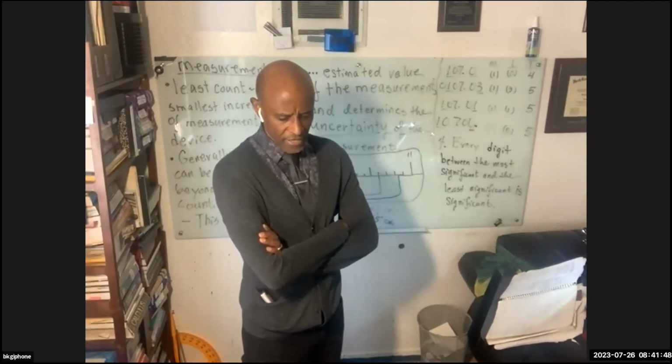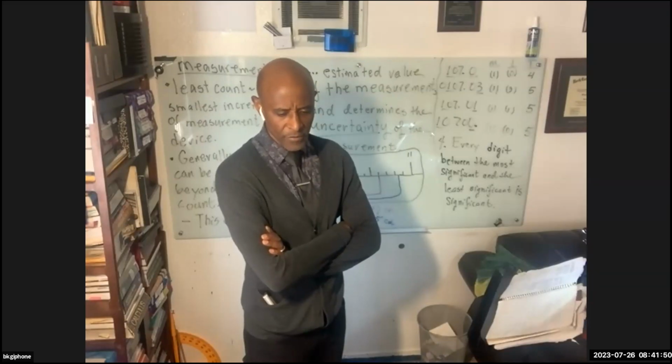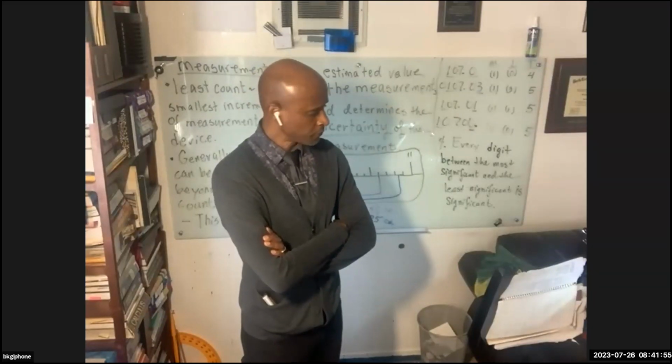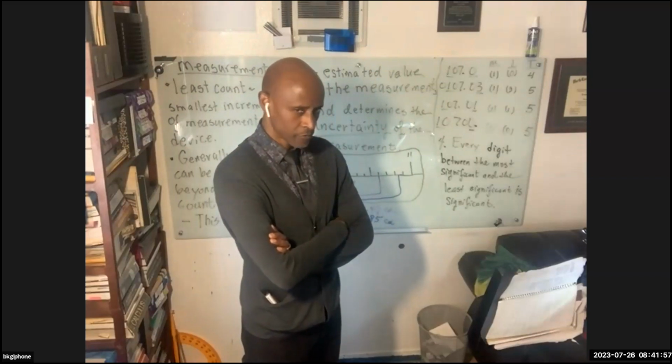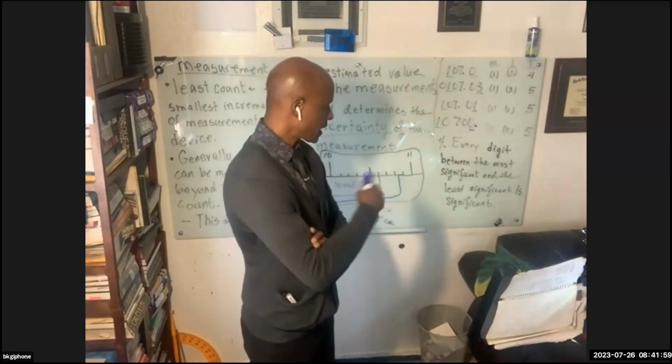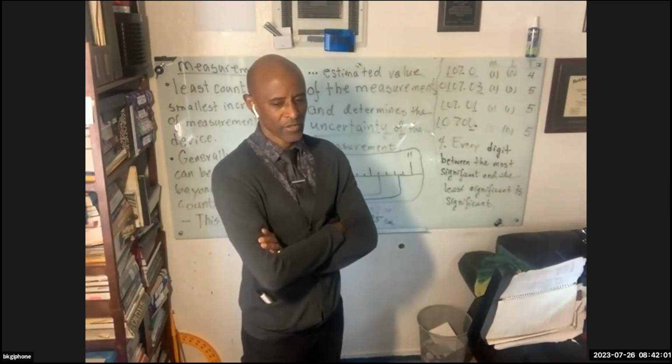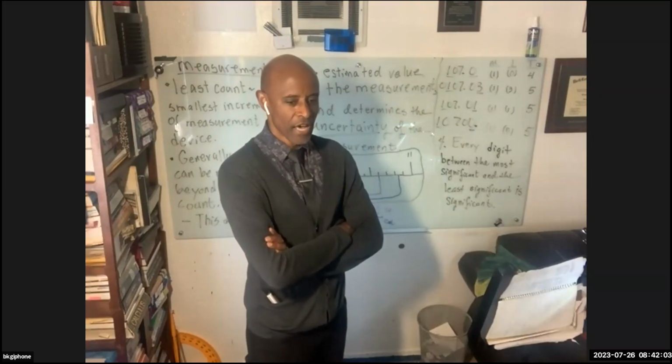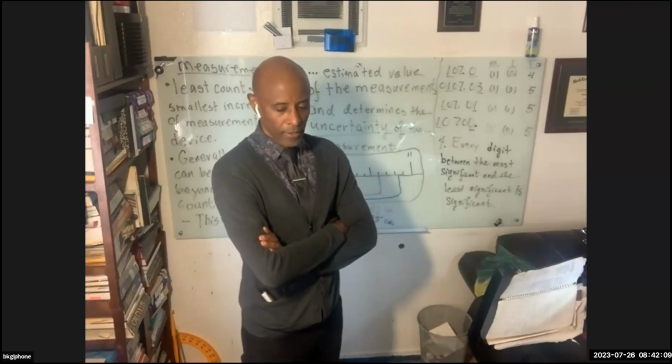Generally in a face-to-face class, the first lab that I would do is a measurement lab, and I go through these rules, but also apply this to a vernier and a micrometer. Just in the interest of time, and because a lot of times you have digital values, I'm not going to do that right now. I'm going to move on.